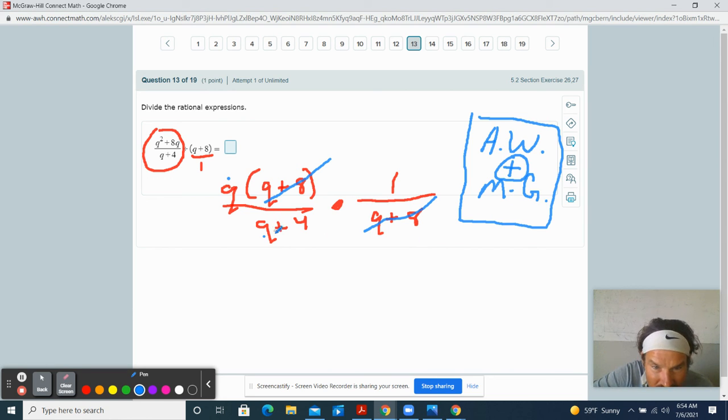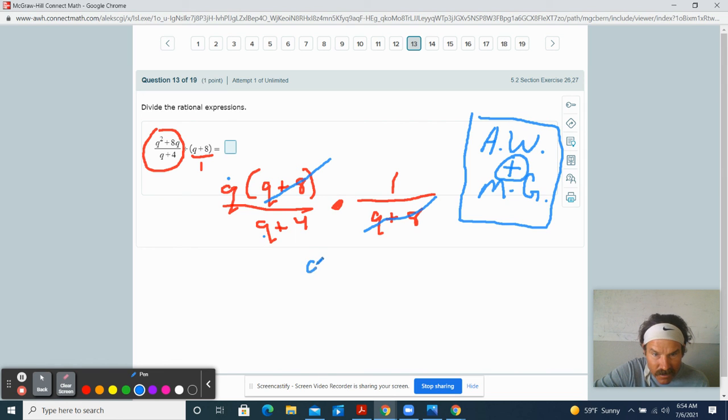Think about this little plus sign as an attachment. This Q is not the same as that Q. That Q is attached to the 4. So the only way we could cancel a Q plus 4 is by another Q plus 4 up here. So this Q has to be left on top.